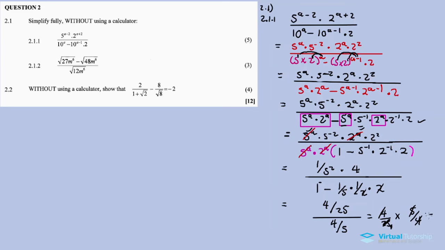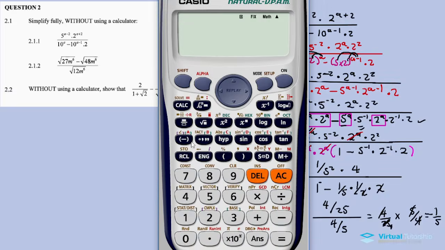So the answer is going to be equal to 1 over 5, or you can just punch it in your calculator: 4 divided by 25 times 5 over 4.